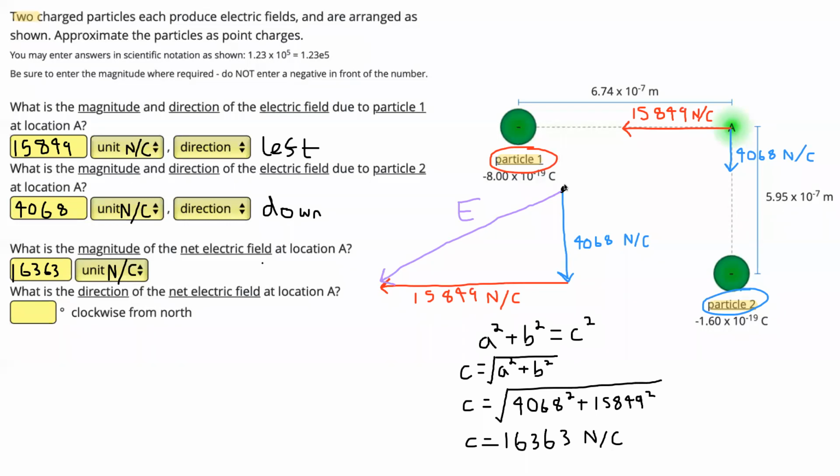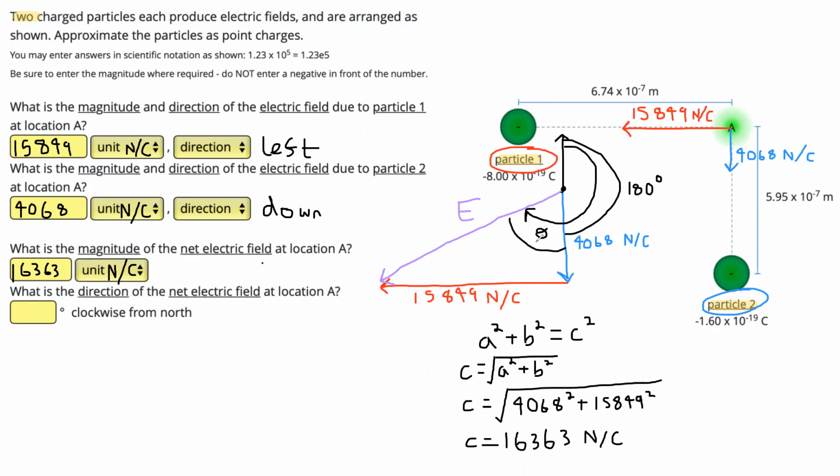So if this is north going upwards here, we need to find the angle clockwise from north, which is this angle here. So what I'm going to do is find this angle first using trigonometry, and then I'll add it to 180 degrees to get that total angle clockwise from north.